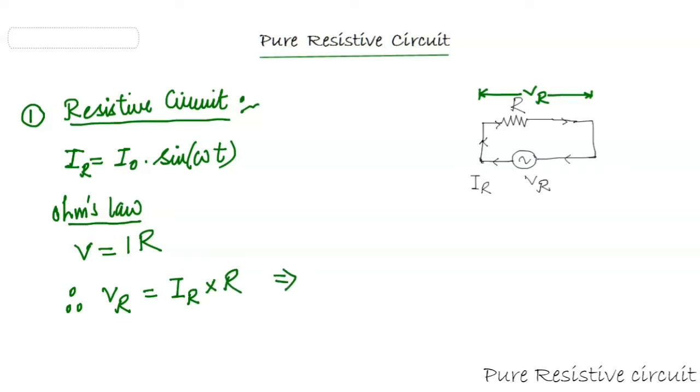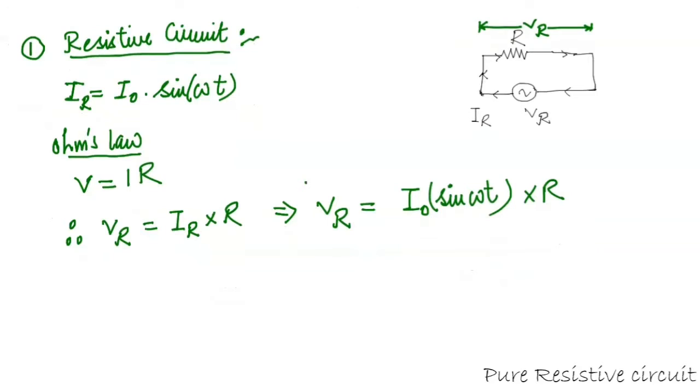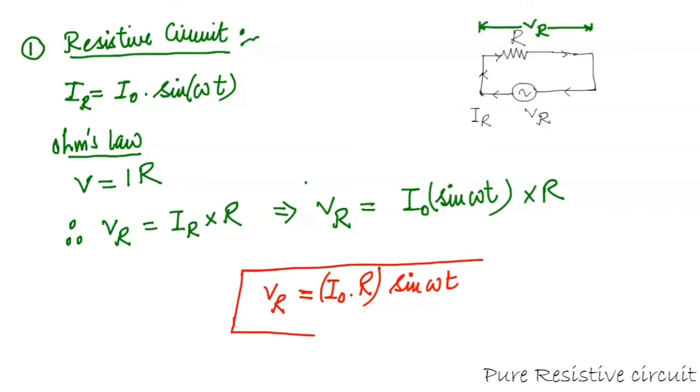So VR equals I naught sine of omega t into R. Therefore VR equals I naught into R times sine of omega t.